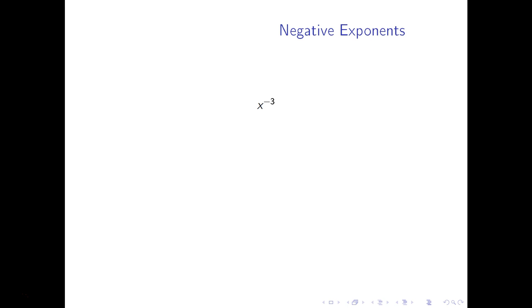To understand this, again, I'm going to use the quotient rule. And I'm going to use, what does negative 3 really mean? Hopefully, if you think about it, it means 0 minus 3. Again, if I have x to the 0 minus 3, how can I write that as a division problem using the exponent rules, specifically the quotient rule?